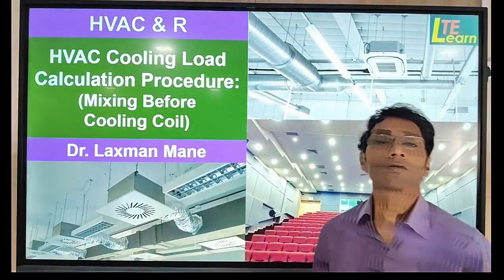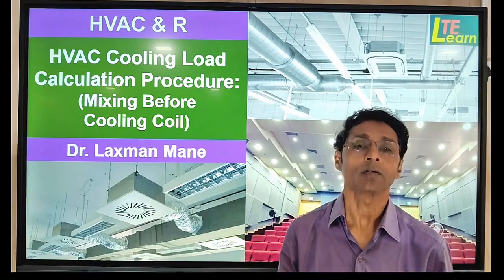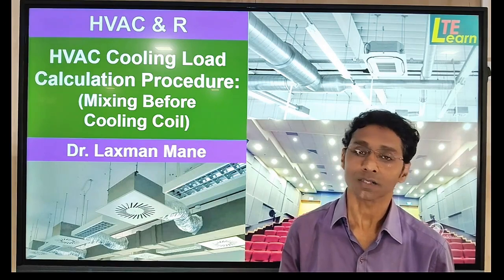In a previous video session of HVAC, we have seen the fundamental theory of HVAC, that is psychrometry, the science of the study of moist air, where different properties of moist air are studied.